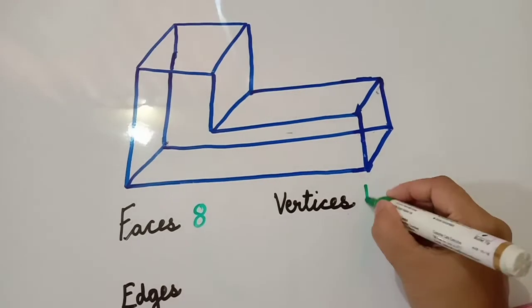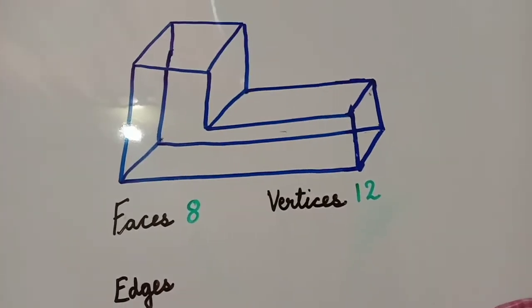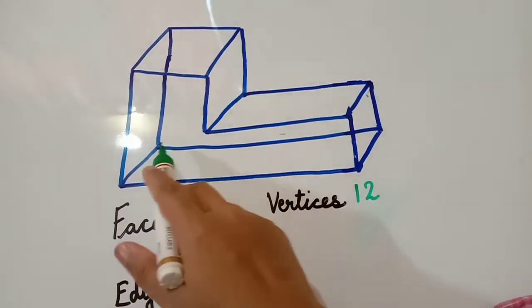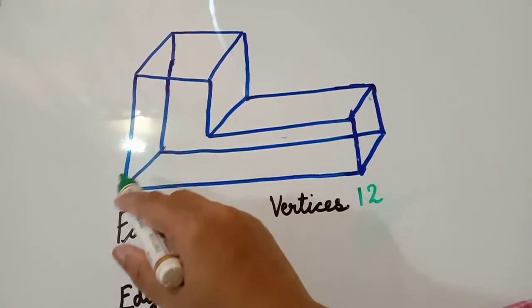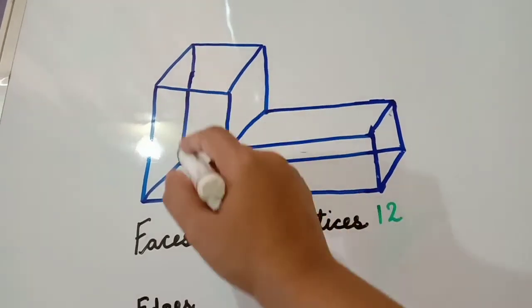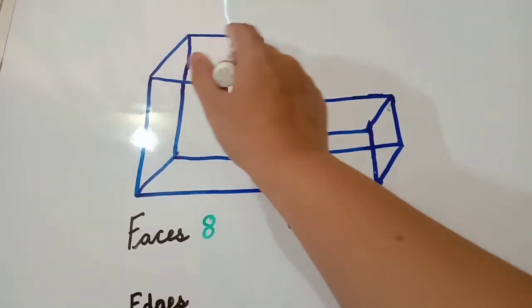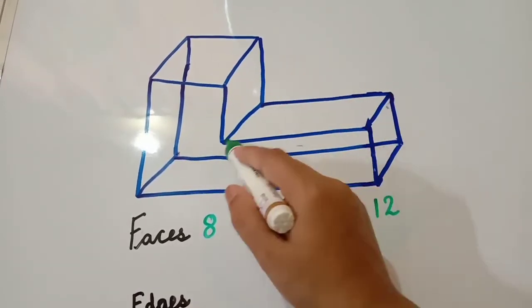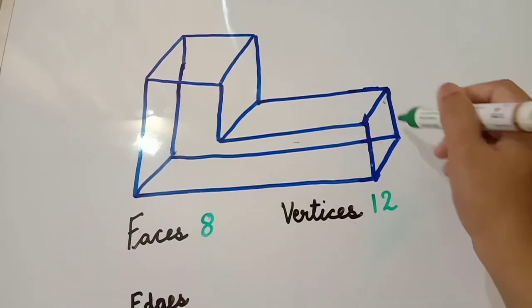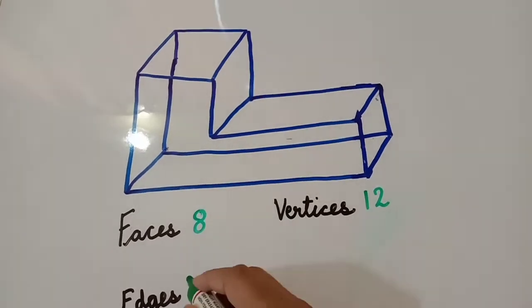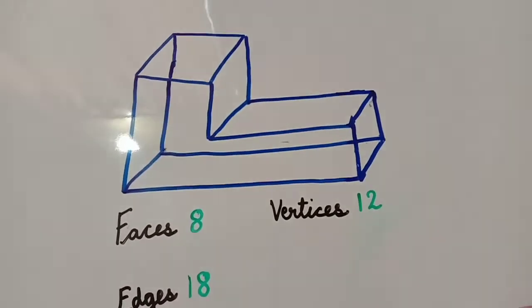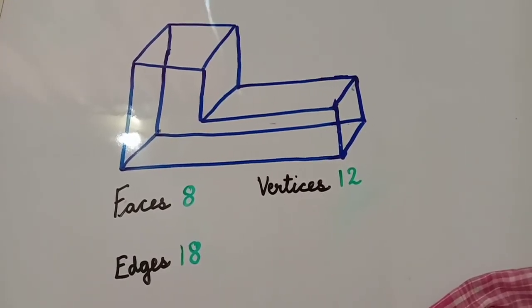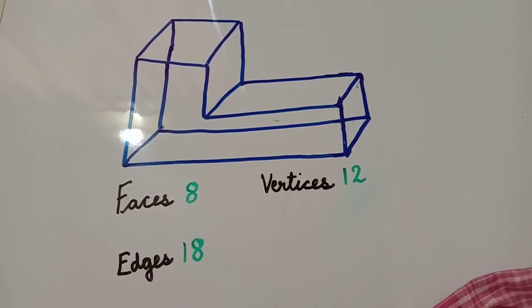So 12 vertices. And how many edges? 1 to 18. So 18 edges. This is your answer: it has 8 faces, 12 vertices and 18 edges.